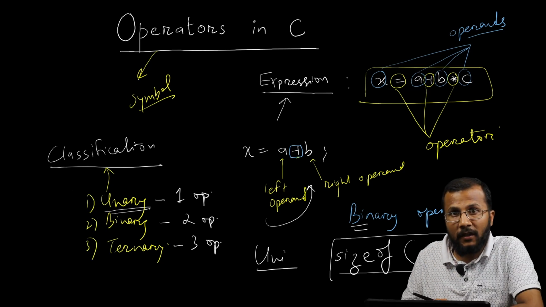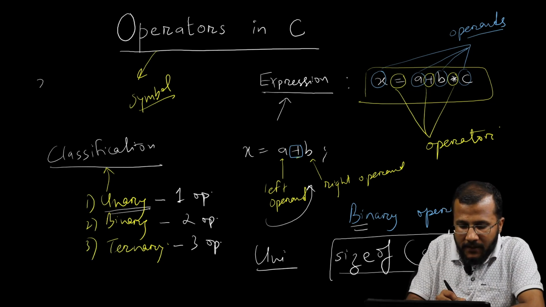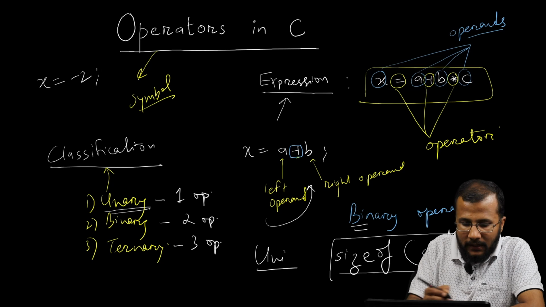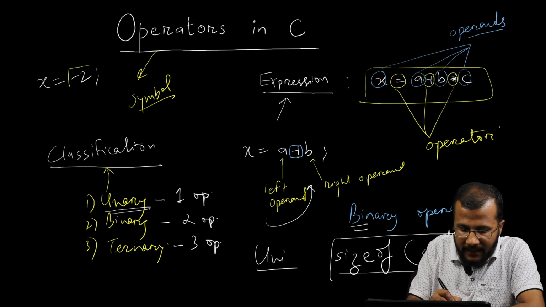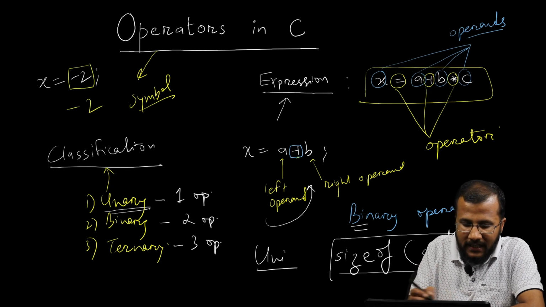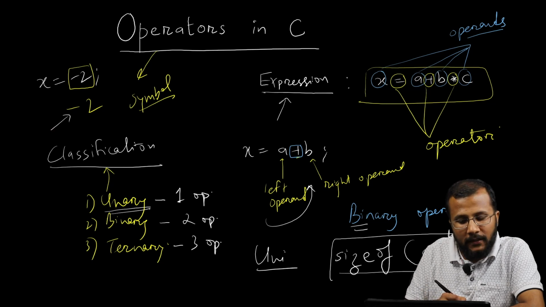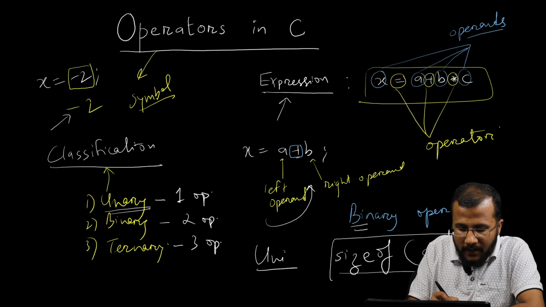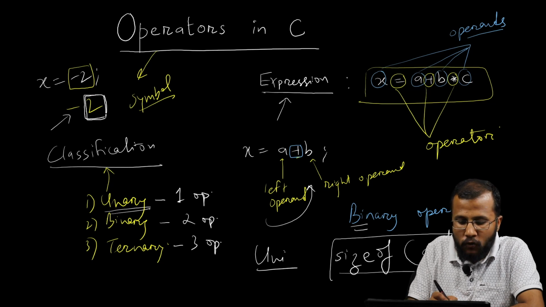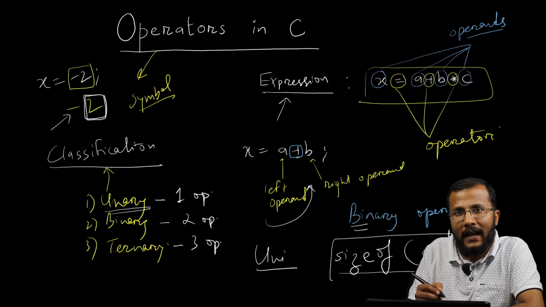Let's take one more example of a unary operator. Let's say we have an expression like x equals minus 2. Let's focus on the right hand side, that is minus 2. Here minus is an operator, right? This minus operator is applied on a single operand, that is 2. So this minus 2 makes 2 a negative number.